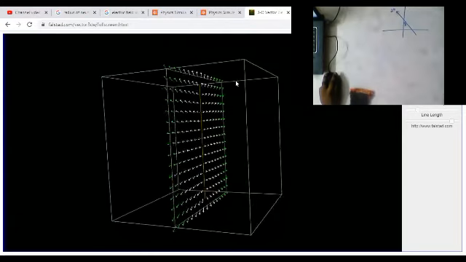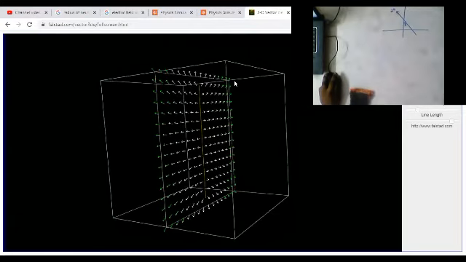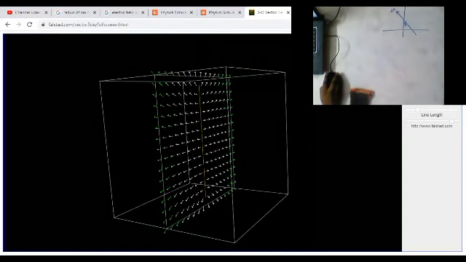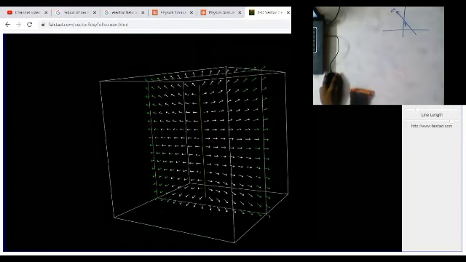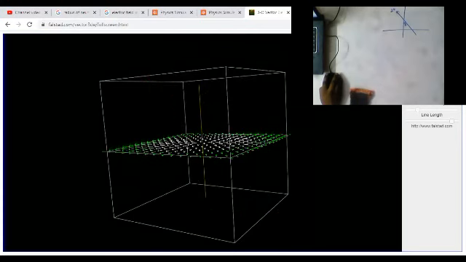I will keep it in this position so you can understand more clearly. Now the y direction, now the z direction. In different ways we are able to see the field lines.